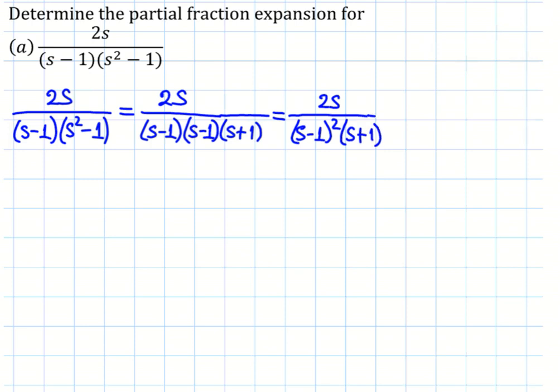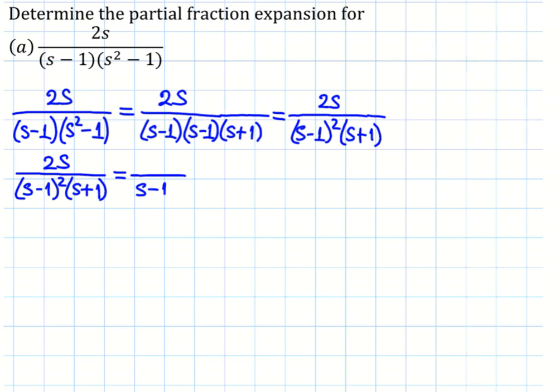Right, now we do the decomposition of that. For s plus 1, that will be easy. But for s minus 1 squared, we have two factors of s minus 1.